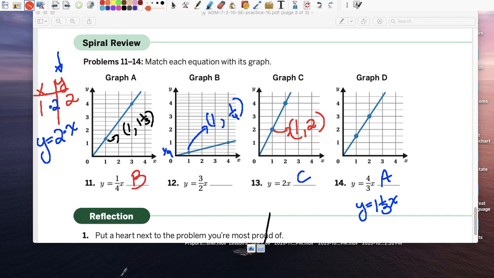It's right under. And the last one, I know, and you know, that it's this, but I'm going to do it anyway. Take a point, and again, they're giving us a unit rate. You could also pick any point on the line and get the same answer. Every time I have one x, how many y's will I get?